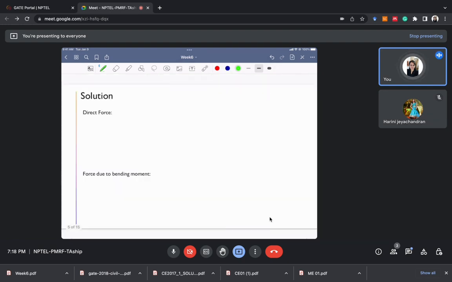First is the direct force. PD1 will simply be equal to the applied load divided by the number of bolts.